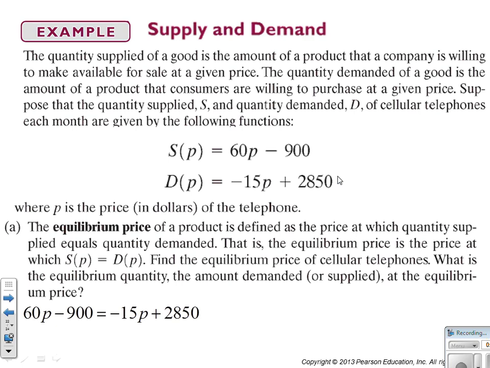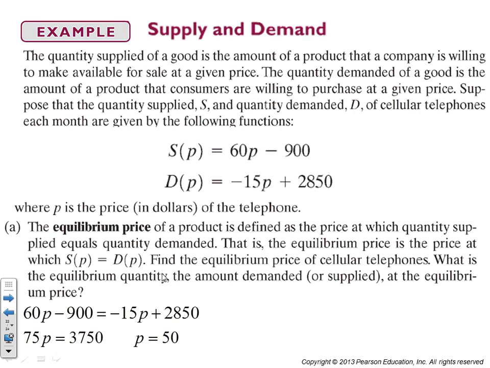I'm going to add 15 P's to both sides to get 75P, and then I'm going to add 900 to both sides. And so 75P equals 3,750. Then I'm going to divide by 75, and I get P equals 50. So the price of $50 is our equilibrium price.